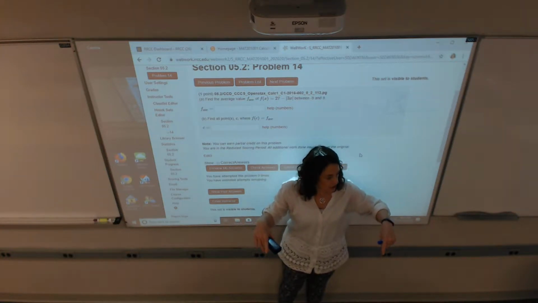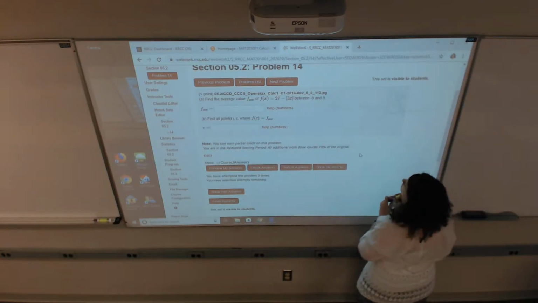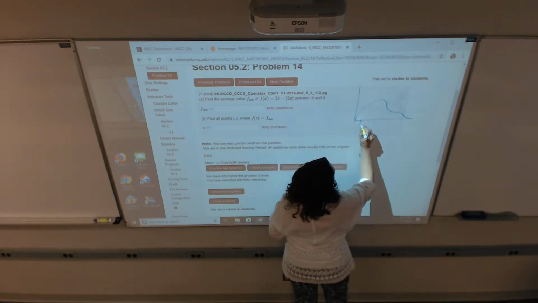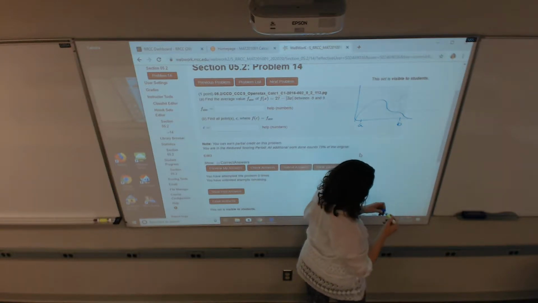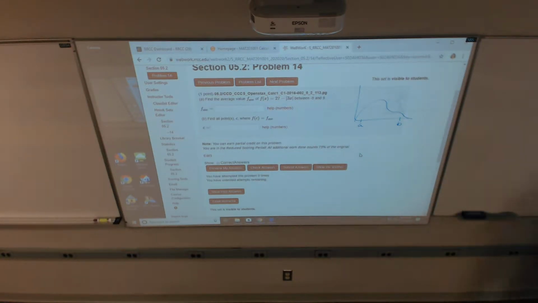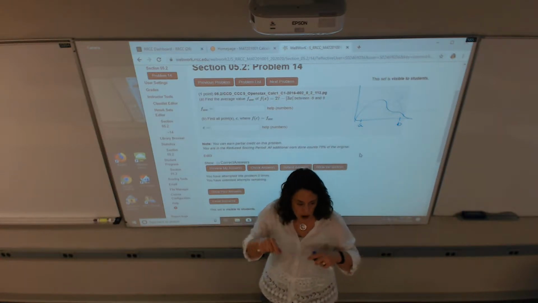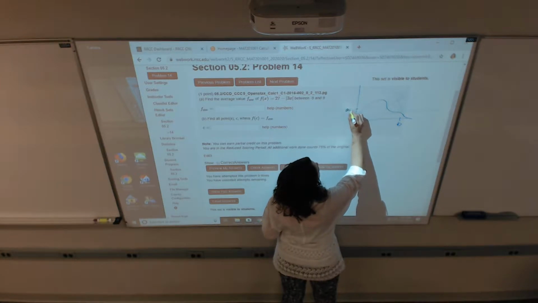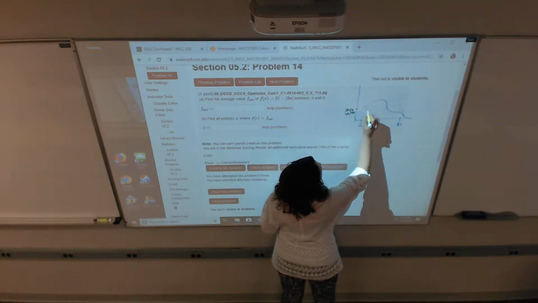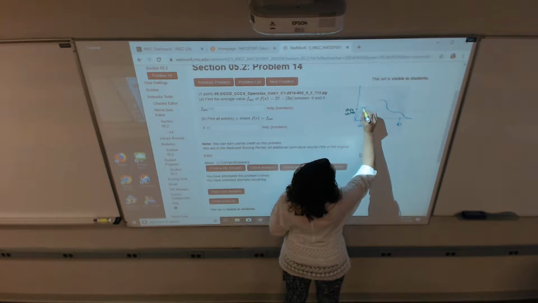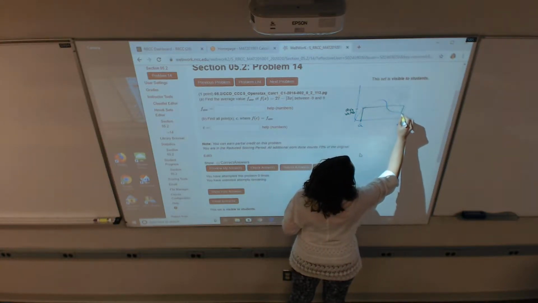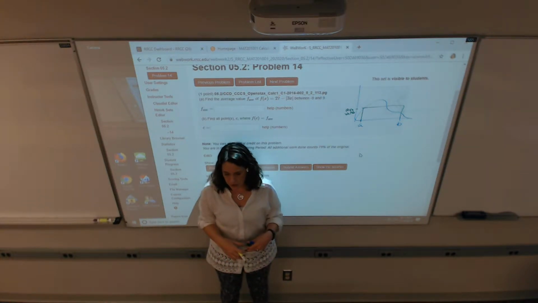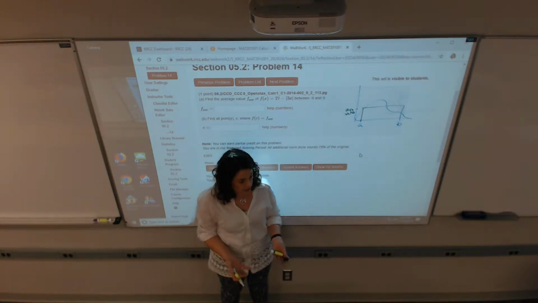The average value looks at some curve between A and B and says: if I could find the average y value and drew a rectangle at that height between A and B, then the area of the rectangle would be the same as the area under the curve.